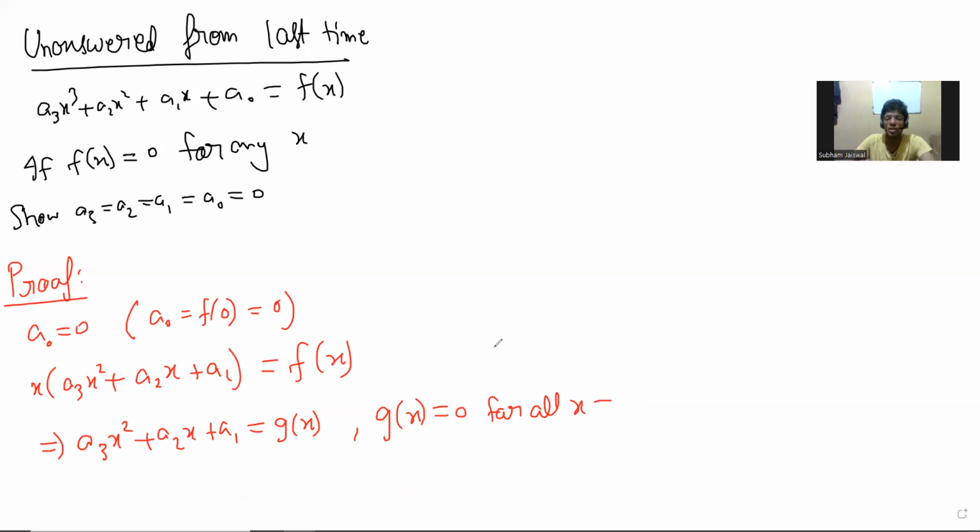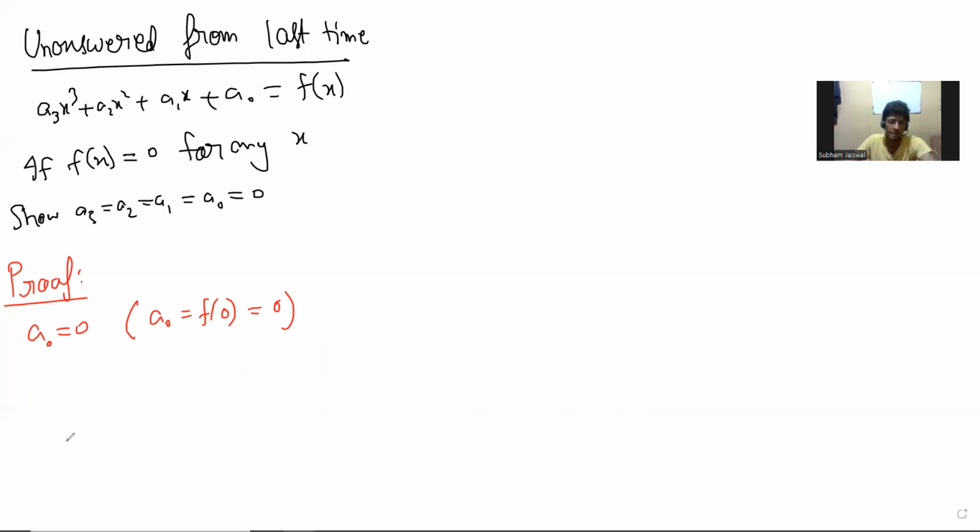Yeah. Okay. So I had hinted at this last time also. I think there would be other methods, but try to show that a3 is 0. It makes sense to do this also. Try to show a3 is 0, because then it will sort of be an induction, right? Then you don't have to worry.